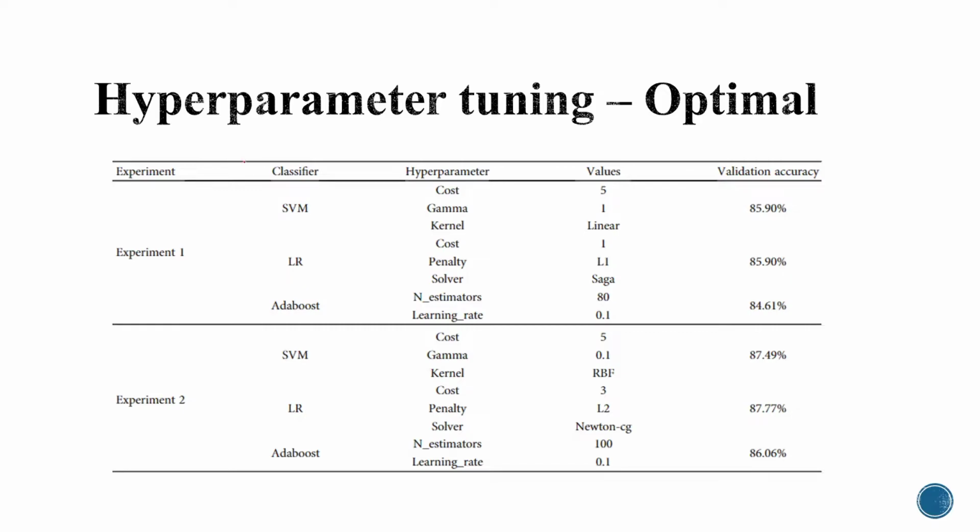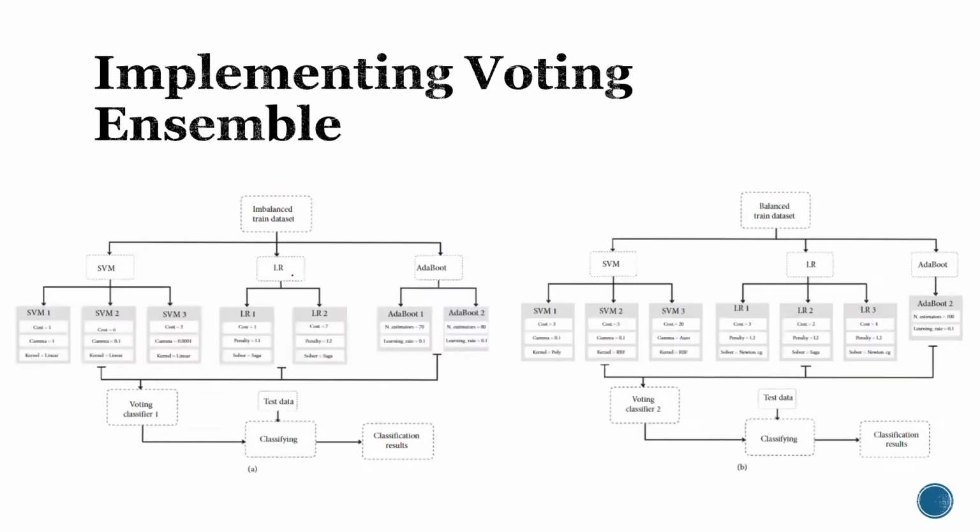You can see these are the individuals. And finally, implementation of the voting ensemble was carried out. You can see here, 3 SVMs were developed. See, the idea of ensemble, you see 3 SVMs were developed, SVM1, SVM2, SVM3.